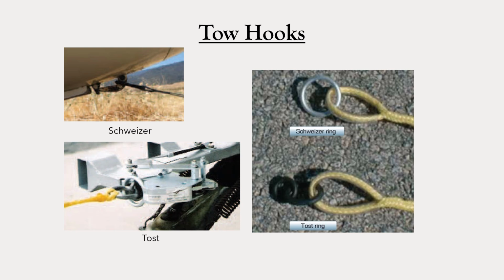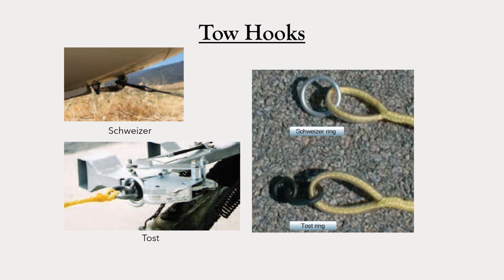So the Schweizer design tow hook has this bar here that pivots up at the front and is held in place by this latch at the back. And when you pull the release hook, the latch comes back and the tow rope pulls the pivoting arm out of the way and it comes loose.